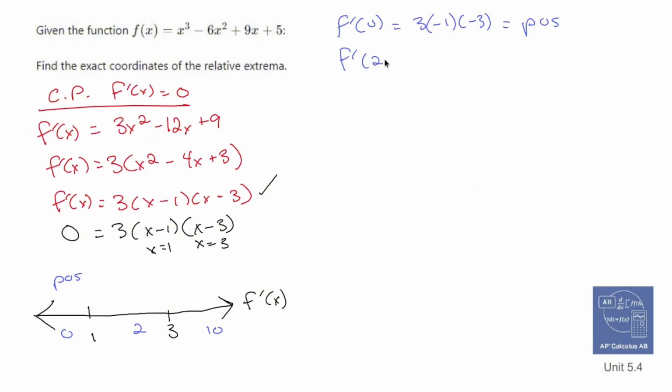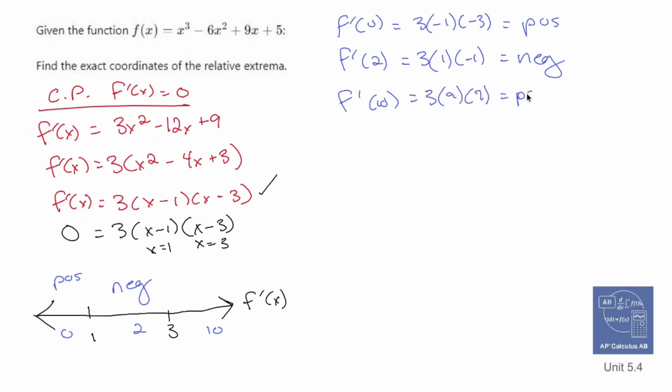F prime of 2 is going to be 3 times 2 minus 1, which is 1, times 2 minus 3, which is negative 1. So positive times a negative is a negative. Let's plug in 10. F prime of 10 is going to be 3 times 9 times 7, all positives, which gives me a positive.